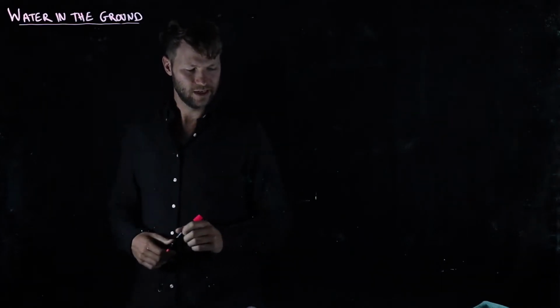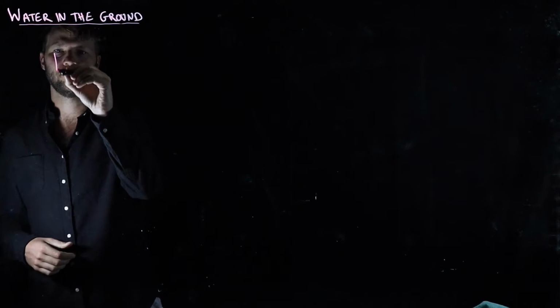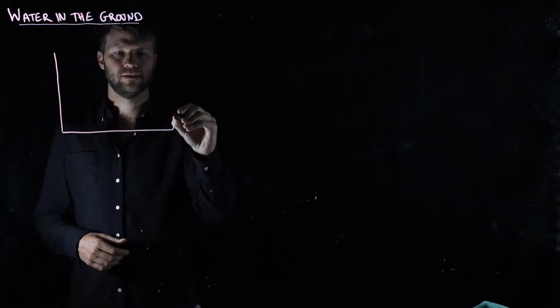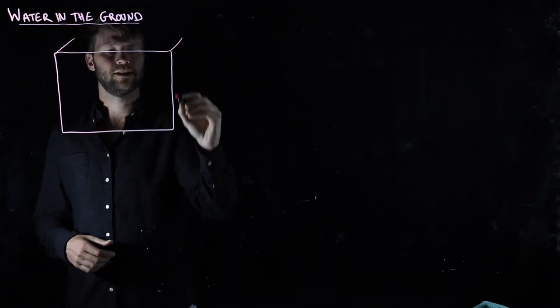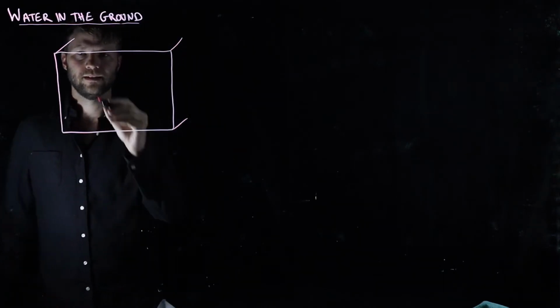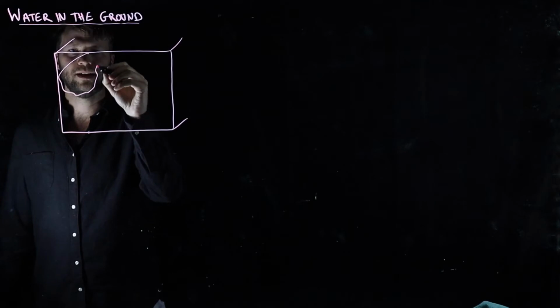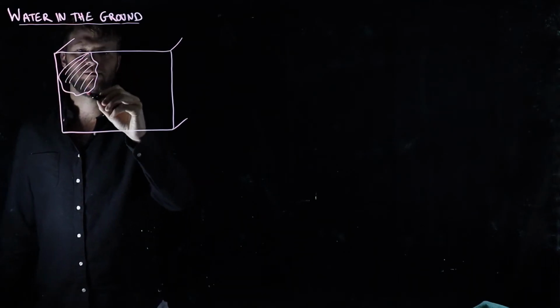And to start this off, I'm going to draw a cross section of some part of the subsurface. It can extend out here in 3 dimensions. And this subsurface will have some grains of minerals in it.